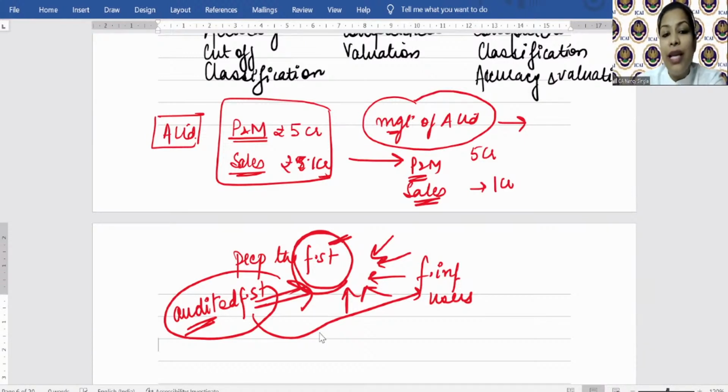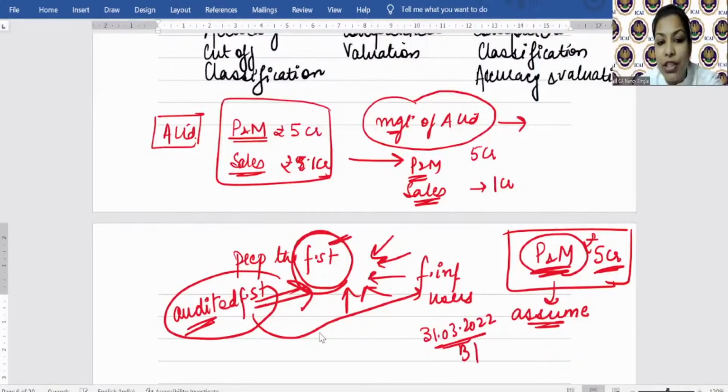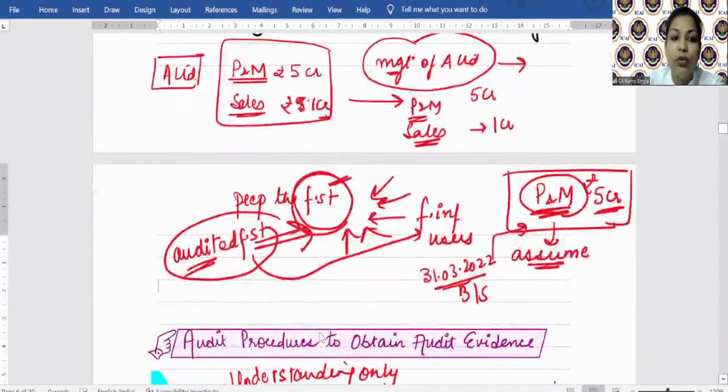Okay? Now let's say when the management of A Limited has mentioned in the balance sheet plant and machinery at a value of 5 crore. Now look here, if I ask you what all are you going to assume as a user of the financial statement, you are going to assume that if management has shown this as on 31st March 2022 in the balance sheet, that is plant and machinery at the value of 5 crore, you are going to assume as a user that such plant and machinery exists as on this date.